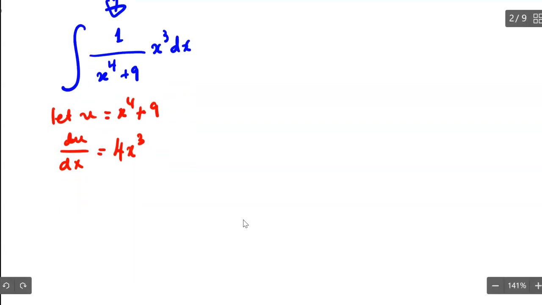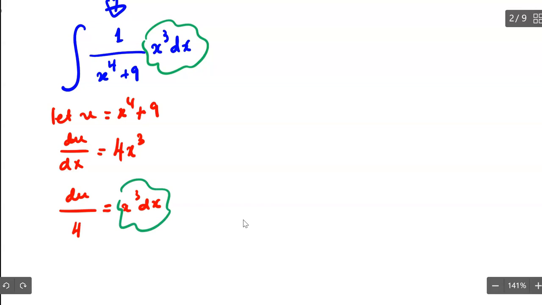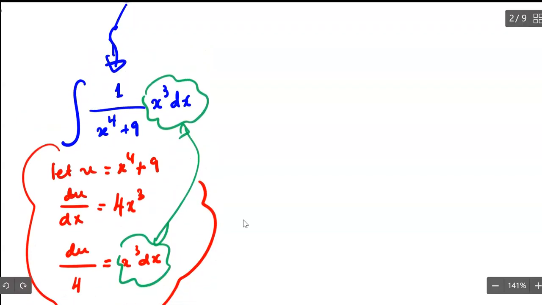So now you manipulate this equation. You end up with du over 4 equal to x to the 3 dx. So now the differential factor matches with this. What you are going to do next is write this as 1 over u times du over 4.